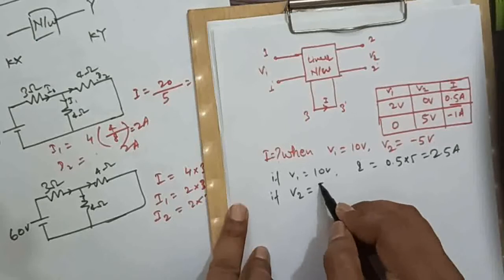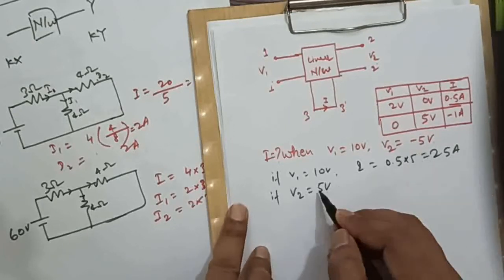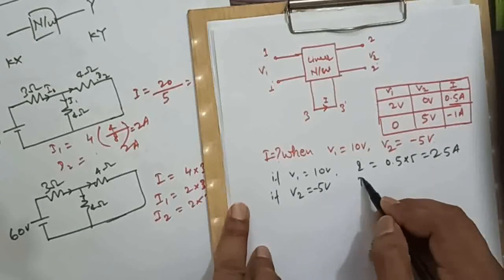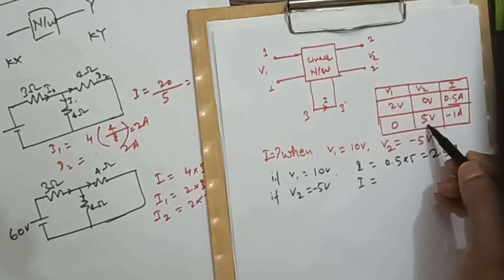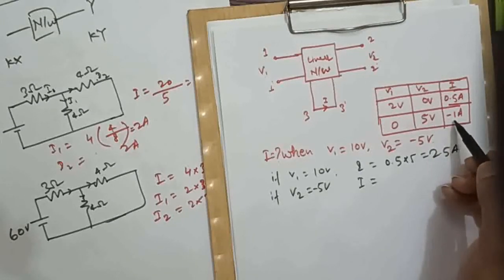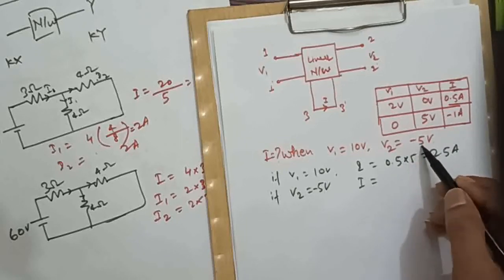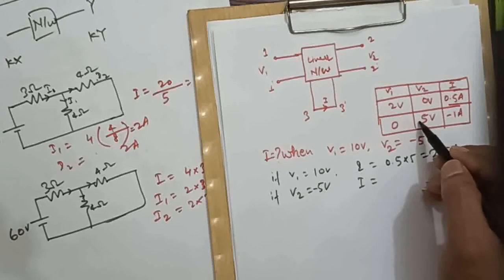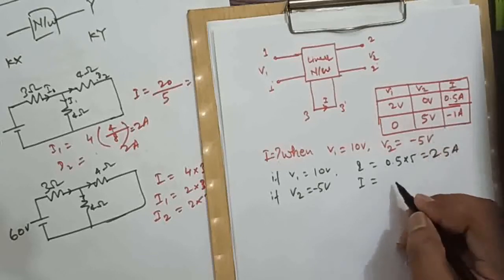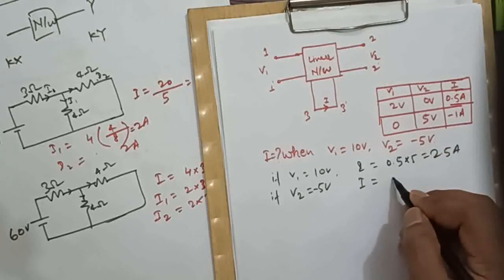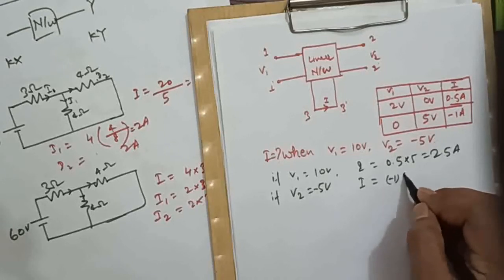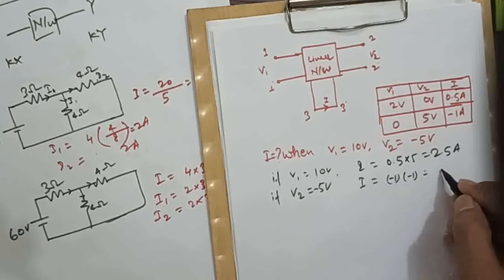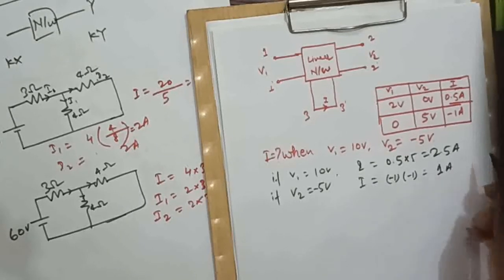Similarly, if V2 was minus 5 volts, then what will be I? See here, when V2 was 5 volts, the current was minus 1 ampere, right? Now if V2 is minus 5 volts, we have to scale it by minus 1, so the current will be 1 ampere.